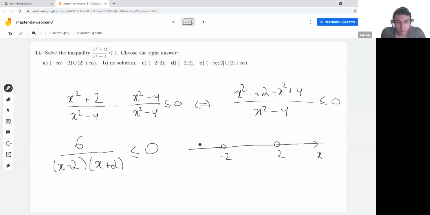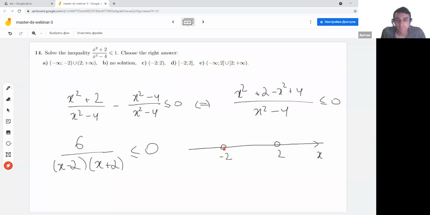When we go through this point from left to right, one of the factors in the denominator changes its sign. So this x plus 2 was negative here, but it becomes positive here. And x minus 2 was negative here, but it becomes positive here.